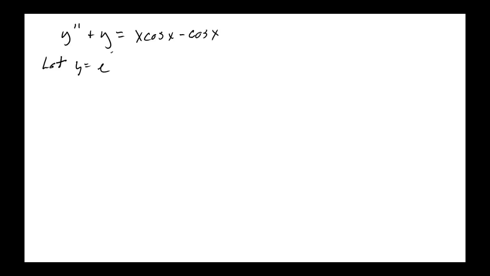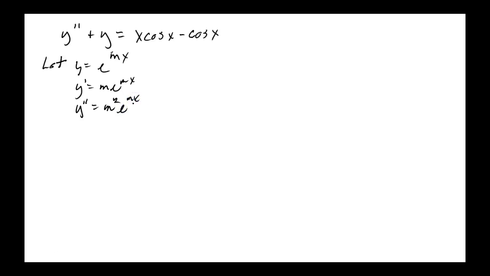Very top of page 133, you'll find this is where we usually begin, e to the mx. I was tempted to skip all this and go, but I think you always need to go back to that. Y prime then would be m e to the mx, and y double prime is equal to m squared e to the mx.